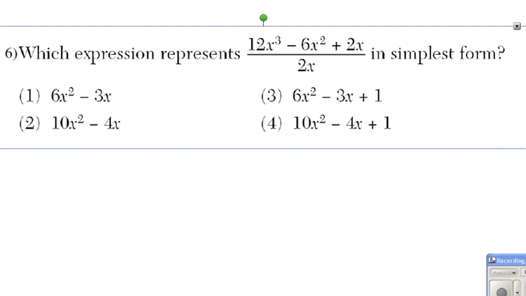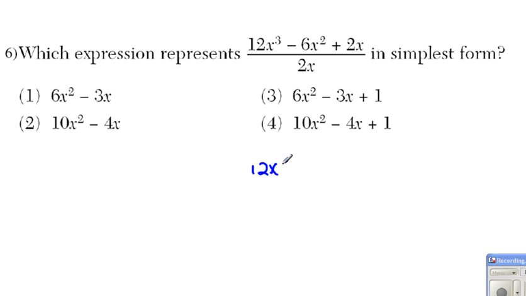All right, let us move on. Number 6. Now here we have to realize that each and every term is being divided by 2x. So if you have to rewrite it, then this becomes 12x cubed divided by 2x minus 6x squared divided by 2x and plus 2x divided by 2x.